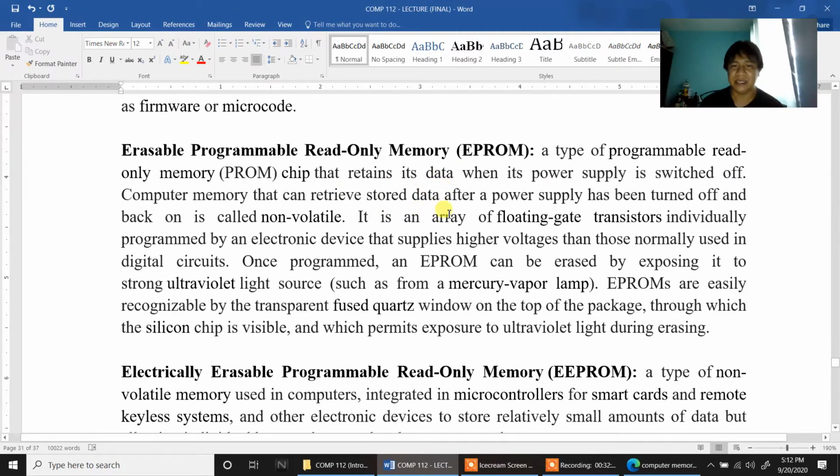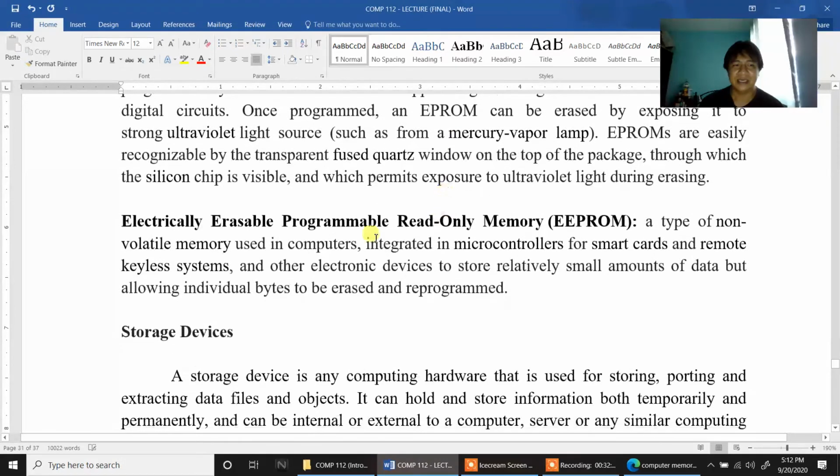And lastly, we have electrically erasable programmable read-only memory, a type of non-volatile memory used in computers, integrated in microcontrollers for smart cards, remote keyless systems, and other electronic devices to store relatively small amounts of data but allowing individual bytes to be erased and reprogrammed.